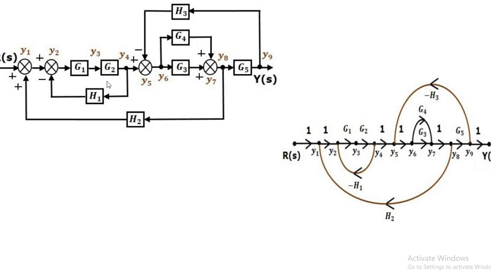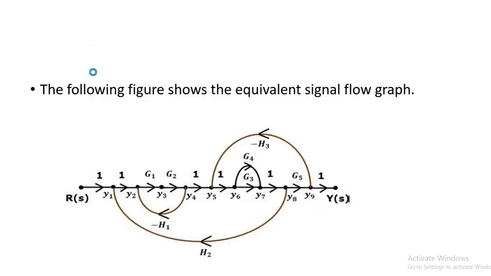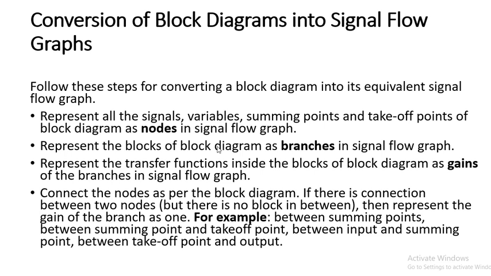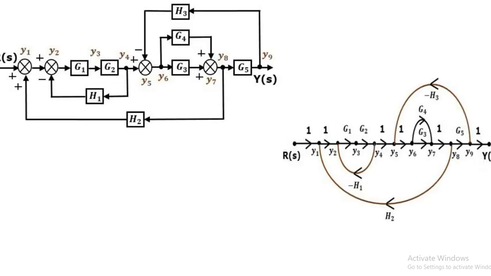This branch joining y2 and y3, this block is replaced with a branch, but now see carefully, this branch is now G1, because previously we have seen in this slide that the transfer function inside the blocks of a block diagram has to be represented as gains. That's why we have replaced this block with a branch having a gain of G1.